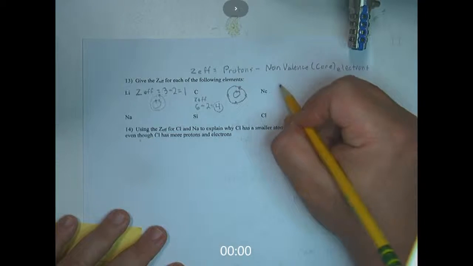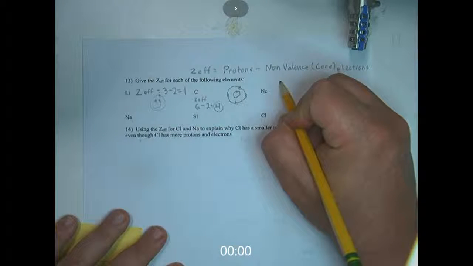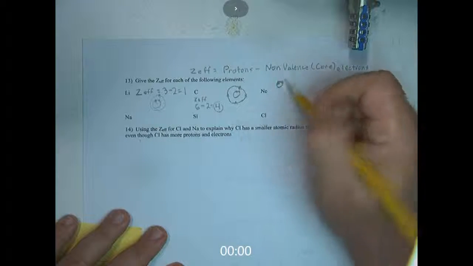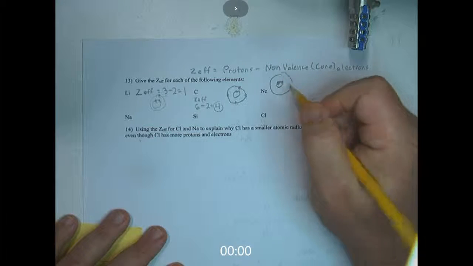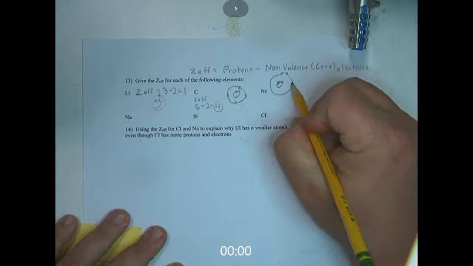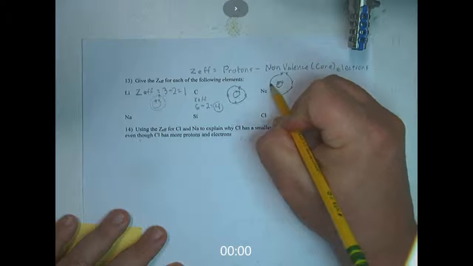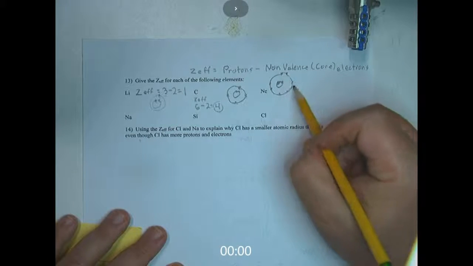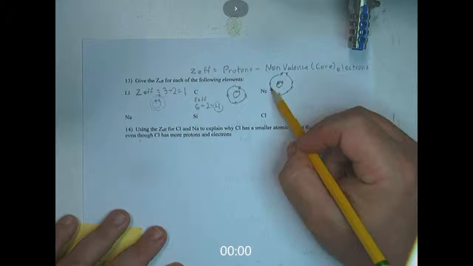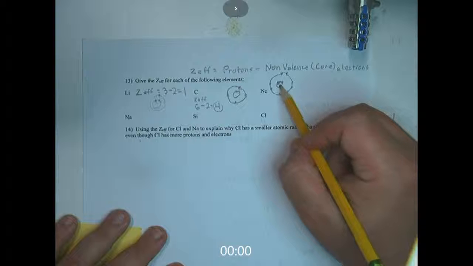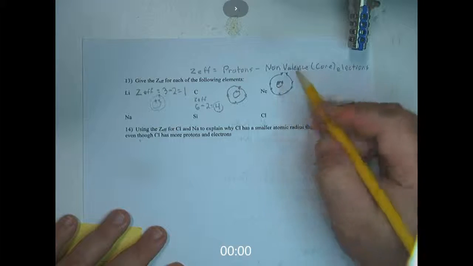All right, neon, let's do the same thing. So neon, we have 2 core electrons. And in the second orbital, we have 1, 2, 3, 4, 5, 6, 7, 8. Okay, again, these 8 on the second orbital are not interfering with each other or keeping each other from feeling the pull of the nucleus.